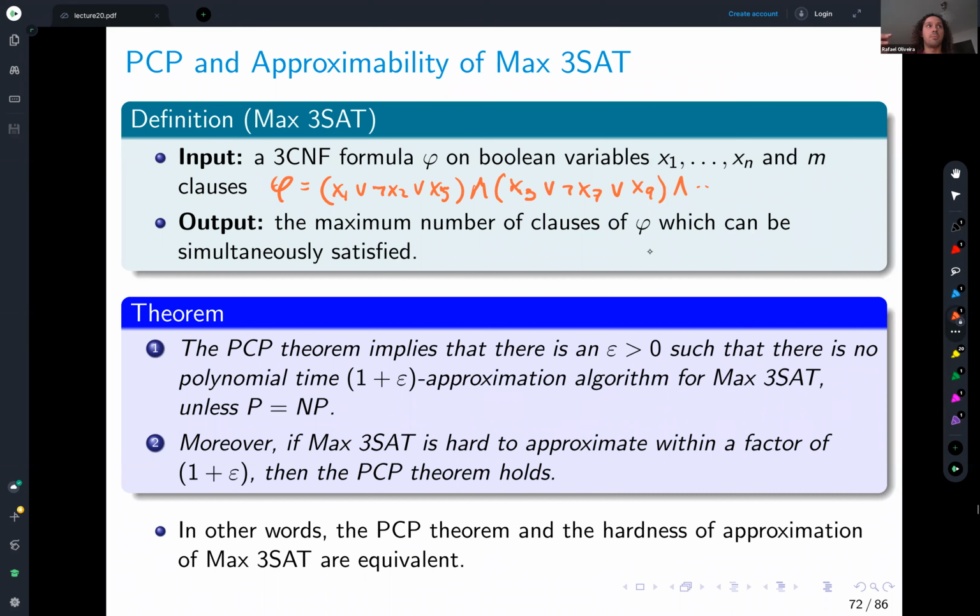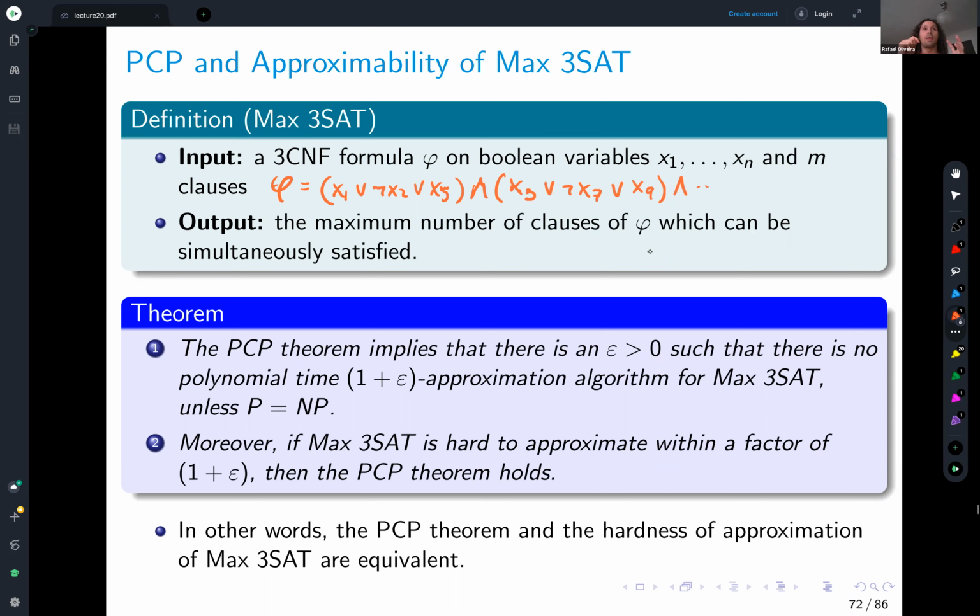And here's the theorem. The PCP theorem implies that there exists an epsilon such that there is no polynomial time (1 plus epsilon)-approximation for Max 3-SAT, unless P is equal to NP. And moreover, if Max 3-SAT is hard to approximate within a factor of 1 plus epsilon, then the PCP theorem holds.